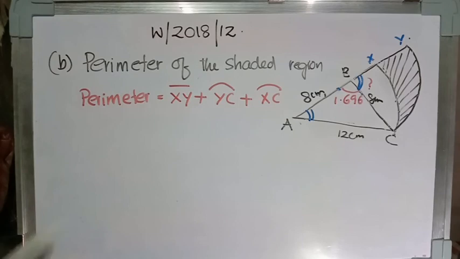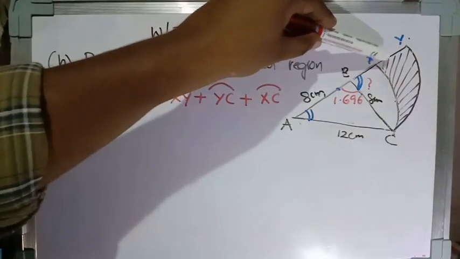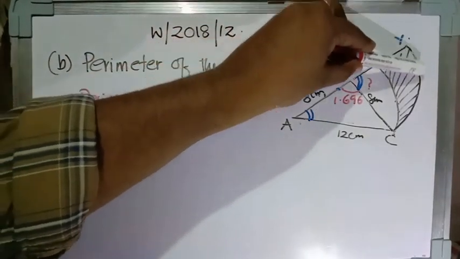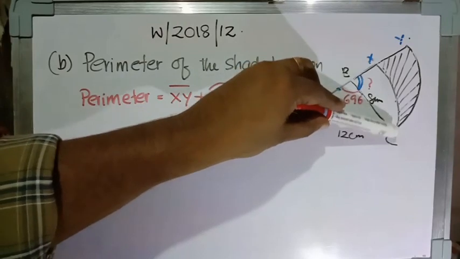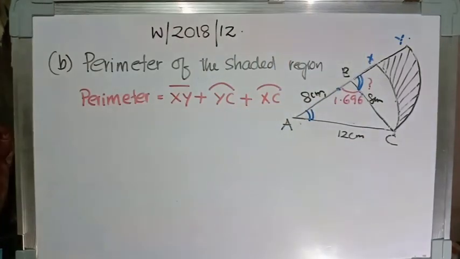So the perimeter is the line segment xy plus the length of the arc yc plus arc length xc. These three measurements have to be found now. So first, let's find the line segment xy.